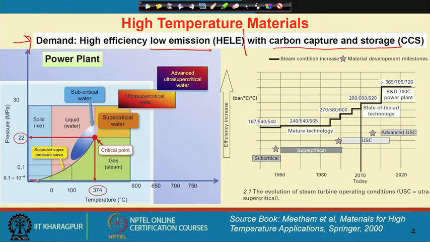Now, to understand the mechanism of a power plant, we must look at the very basic pressure versus temperature phase diagram of ice, water and steam. You must have noticed that there is a critical point in this diagram. This is the saturated vapor pressure curve of solid ice with the gas, and this is the liquid.